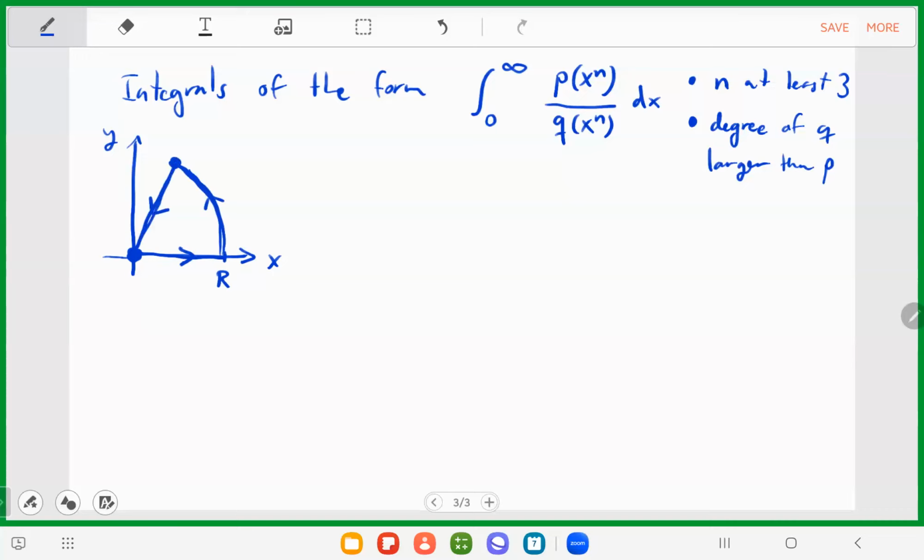This shape is useful for this integral as long as we take the size of this sector to be exactly 2 pi divided by n, the n that appears here, which we said is at least 3, but it could be as large as you want. Why is this sector interesting?